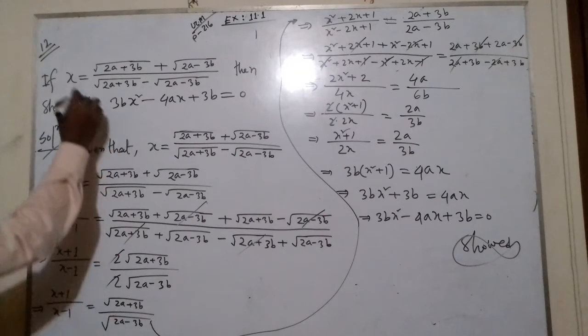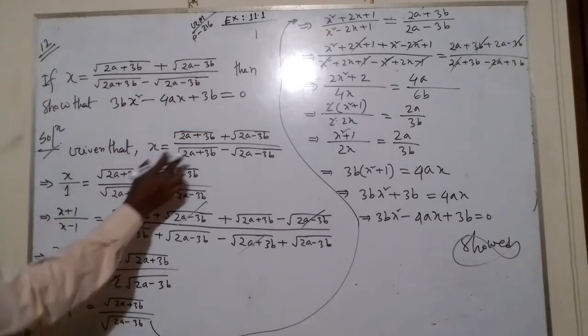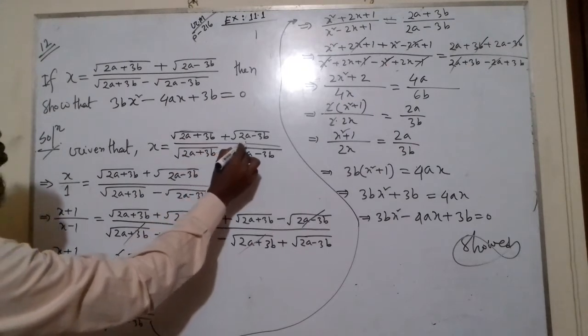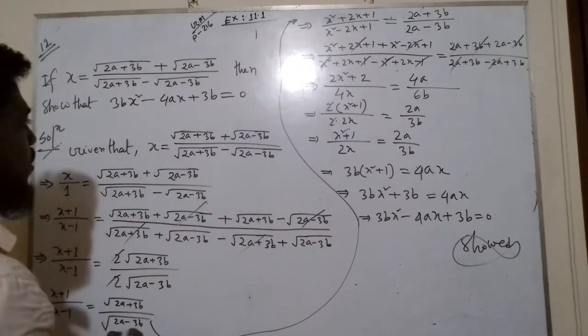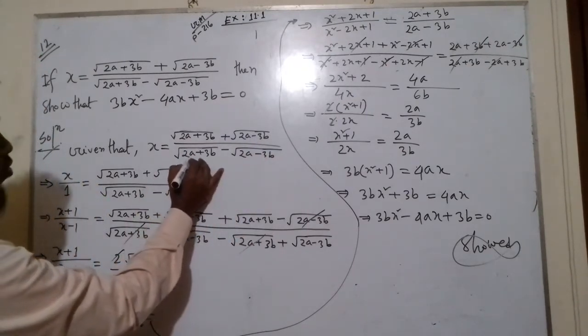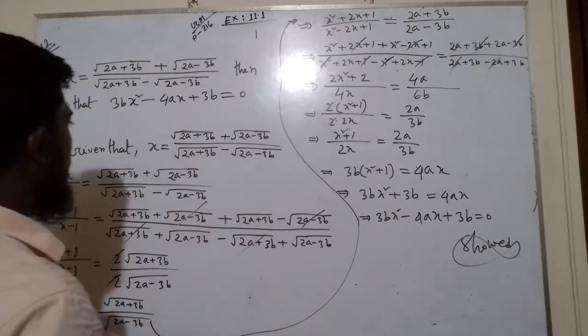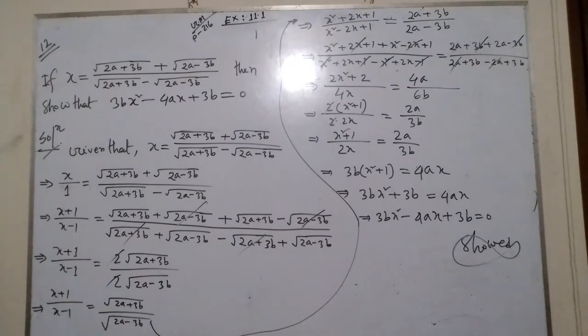Given that x = (√(2a + 3b) + √(2a − 3b)) / (√(2a + 3b) − √(2a − 3b)). Now we are applying the formula of componendo and dividendo.